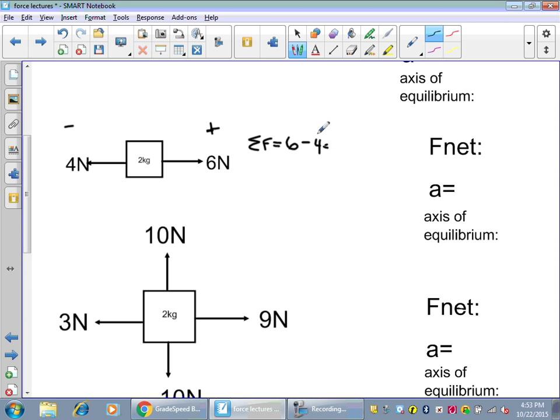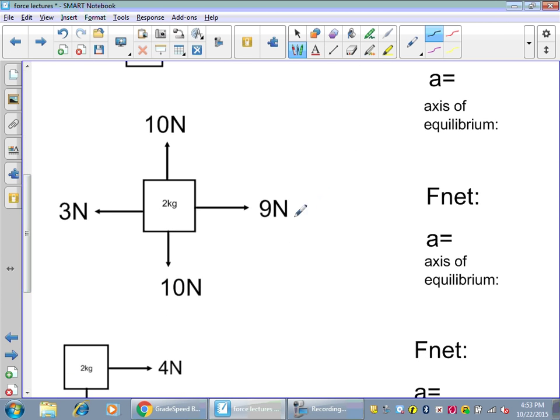So what's my sum of the forces? 2 newtons to the right. Okay, to the right or east, just make sure to put the directions. The net force is 2 newtons east.